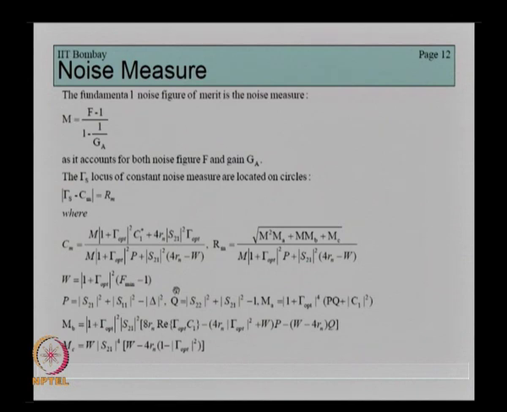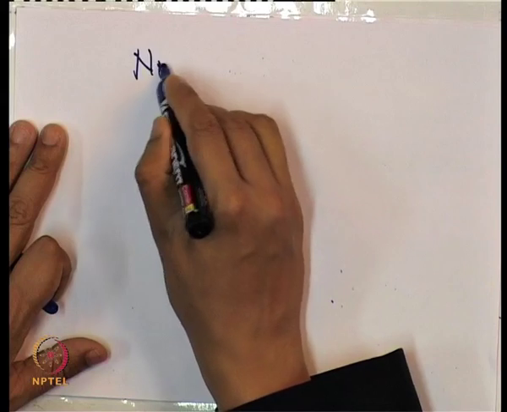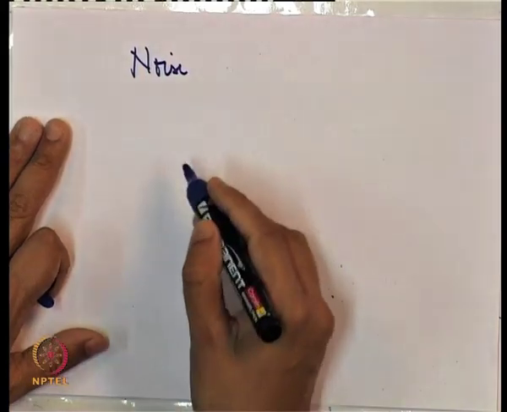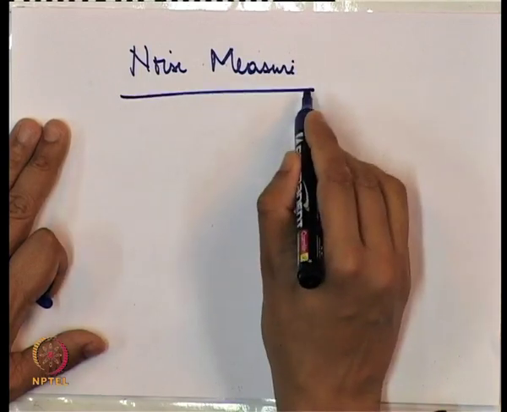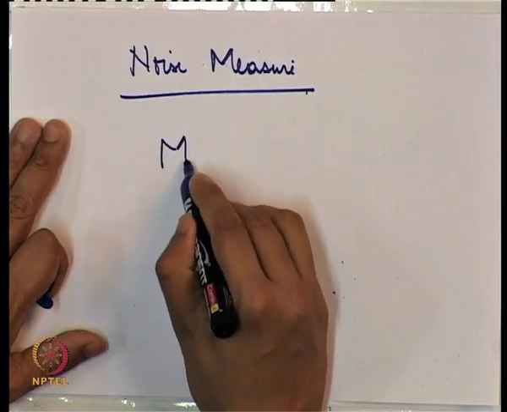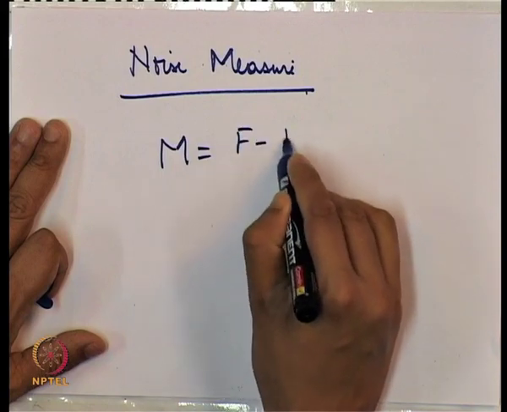In the same way that we can draw noise figure circles, we can also draw noise measure circles. I don't want to go too much into these noise measure circles, but they are useful sometimes. So if we come back to the slides, the noise measure of a stage is defined like this.